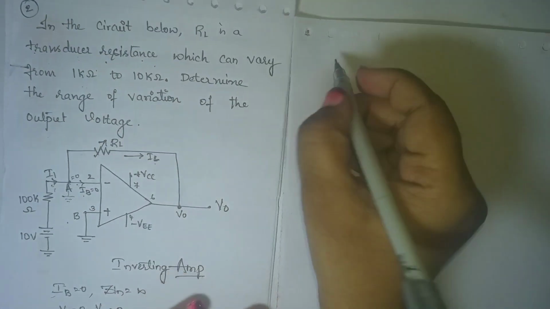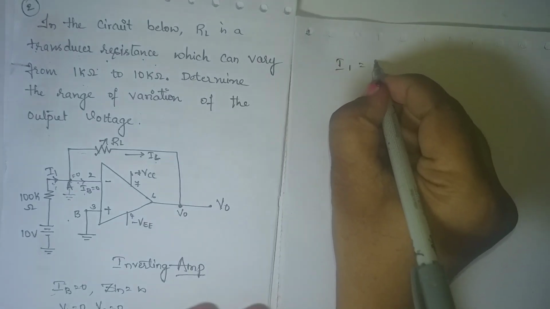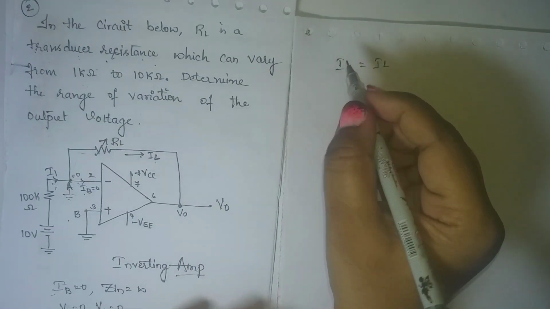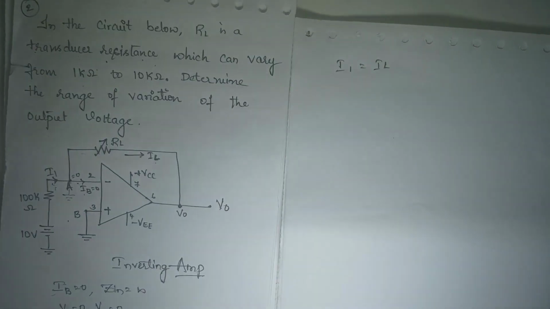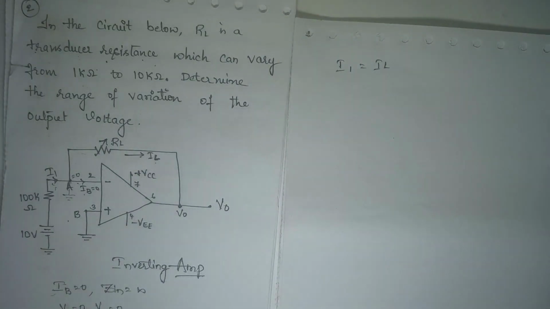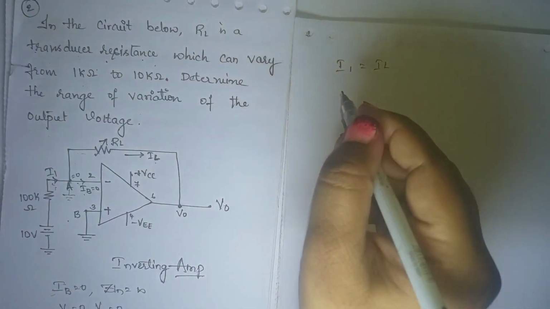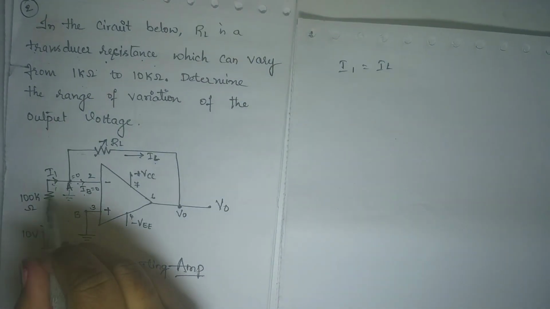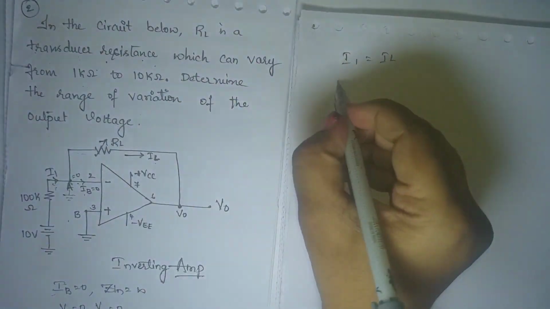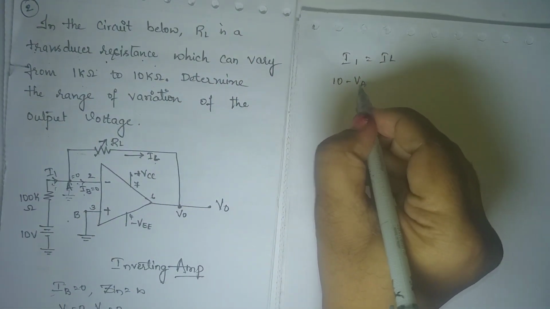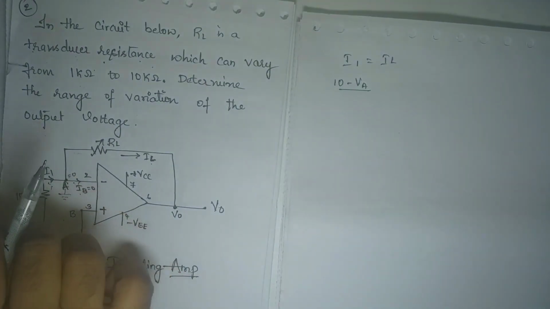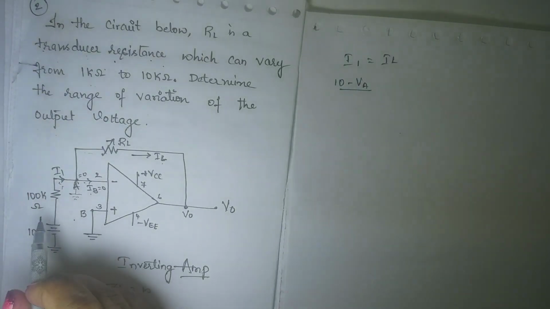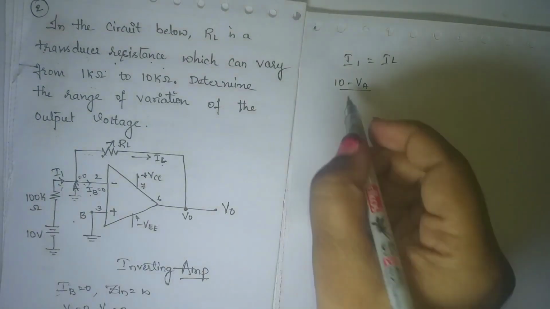So if I1 is equal to IL, then what is the value of I1? The value of I1 is 10 minus VA divided by the resistance it is flowing through, which is 100 kilo ohm.